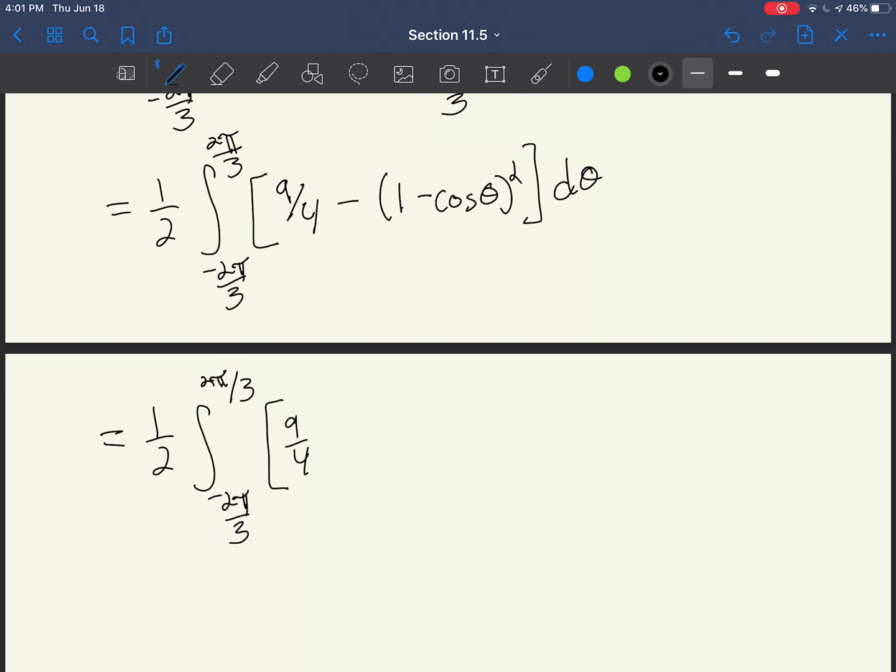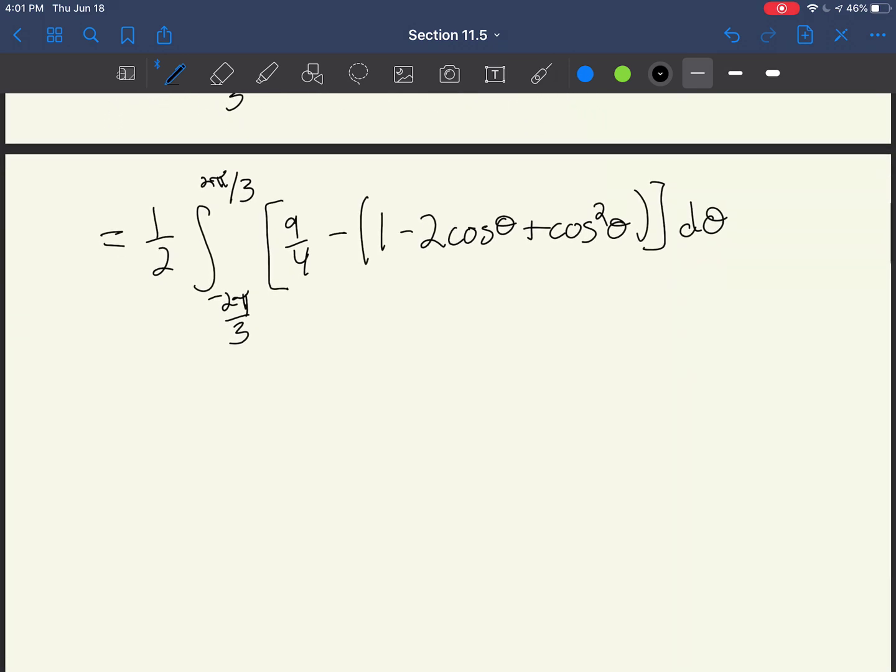This is 1/2 integral from negative 2 pi over 3 to 2 pi over 3 of 9/4 minus 1 minus 2 cosine theta plus cosine squared theta.